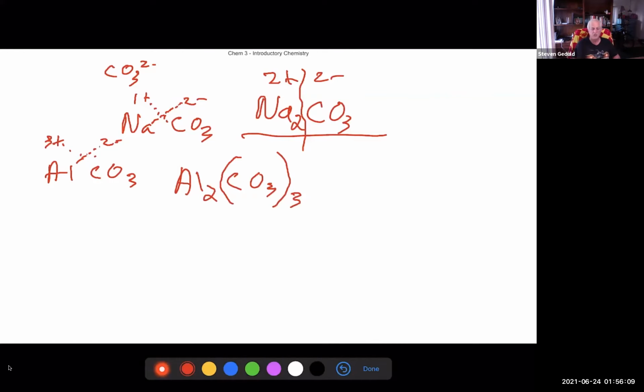Okay. So it gives you 2 aluminums. Each one's a +3. That gives you +6. We have 3 carbonates. Each carbonate's -2. That gives you -6. Okay, and you just name it with the name of the first one and then the name of the polyatomic ion.